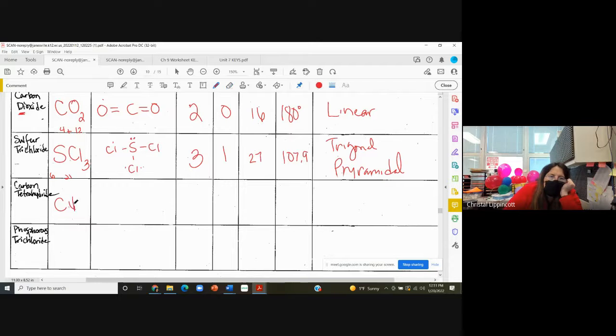Try to make that into an H. So you're going to have your carbon here, and you're going to have your 4 hydrogens around it. So this will be a 4 and a 0. And this will be 8. And this will end up being tetrahedral.